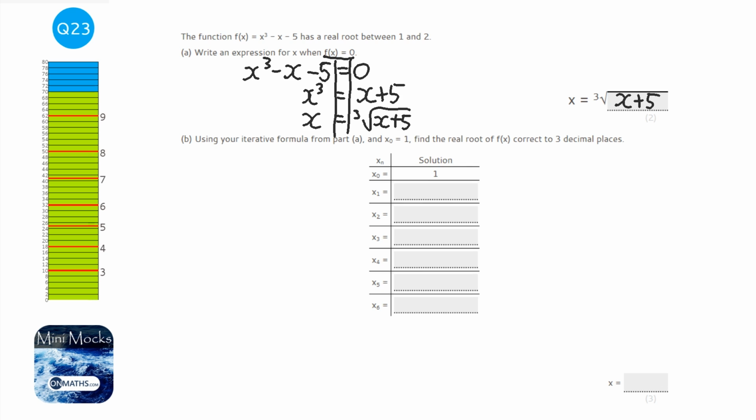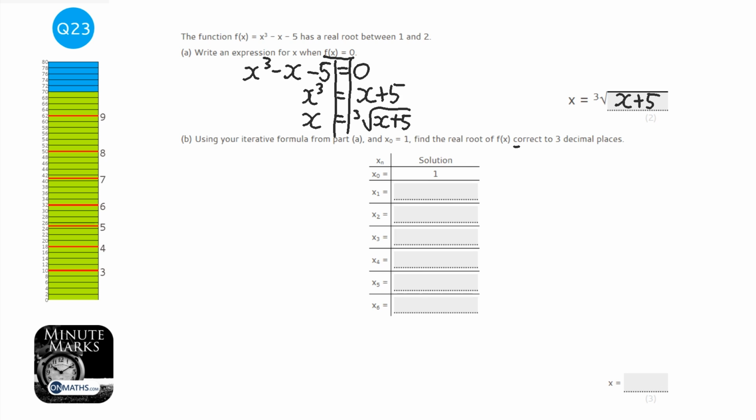Now, with the iteration formula, it's a beautifully simple idea that as long as we just keep ploughing in what we've found for the answer before, it will get us closer and closer to the real root. Sometimes the roots are infinite, so we could be sitting there all day and it would get a closer and closer answer.